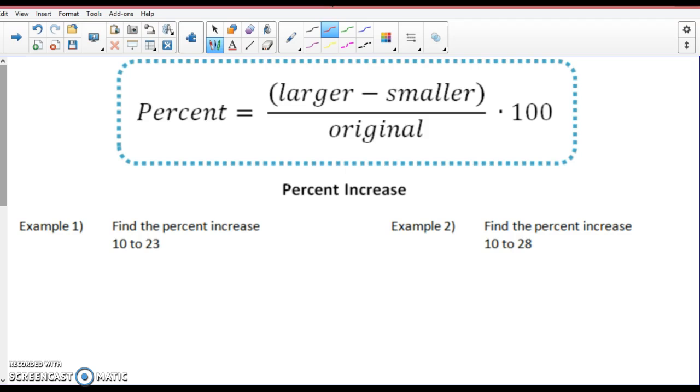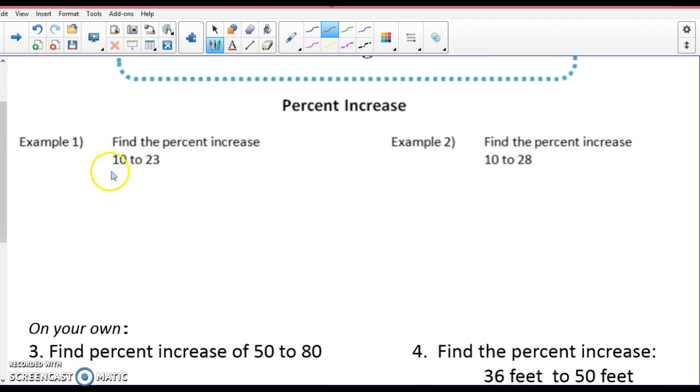Now, let's look at this. A number changed from 10 to 23. Well, first of all, 10 to 23 is an increase, right? So we're going to do percent over 100. We're looking for the percent. X over 100 equals 23 minus 10 over, what's the original? What did it start at? 10.